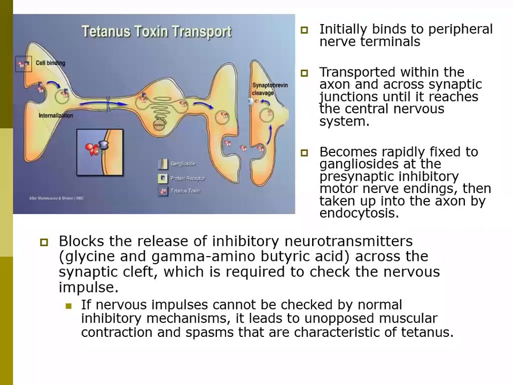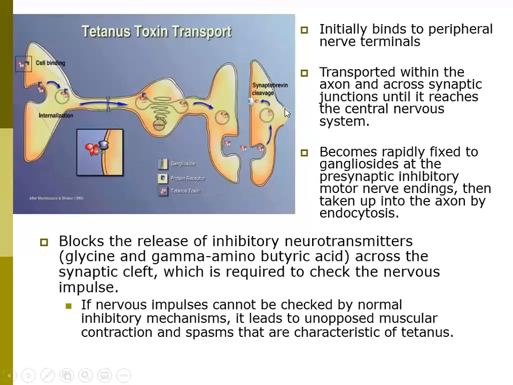Here you can see very clearly that the toxin binds to the terminal portions of the nerves, and it is then transported within the axon and crosses the synaptic junction until it reaches the central nervous system.